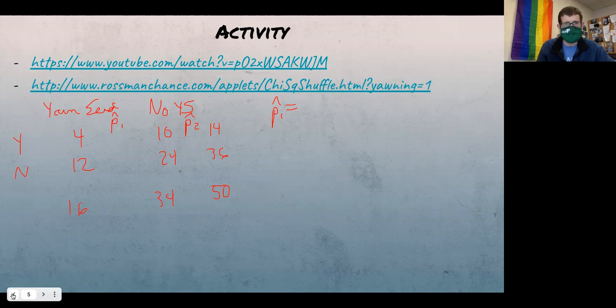I'm getting this wrong. I mean, the numbers are all good. I just need to flip these two. Dang it. More people were given a yawn seed than were not. Okay. So the group that got the yawn seed was the 34. Yes. I mixed that up. I apologize. So only 16 people didn't get a yawn seed, and I apologize.